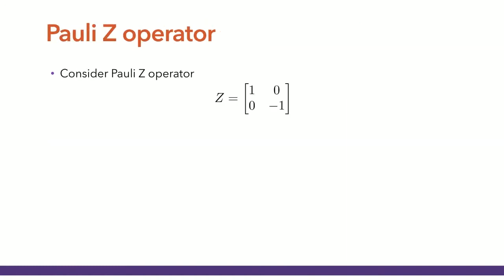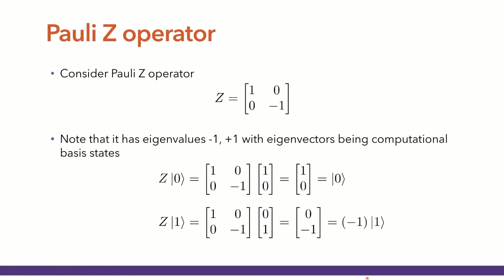So let's show that. The PauliZ operator is this matrix. It's a diagonal matrix with 1 and minus 1. It's easy to see that it has eigenvalues minus 1 and plus 1, with eigenvectors being the computational basis states. You can apply it to ket 0, the computational basis state 0, which is the vector 1, 0, and of course it stays 0.